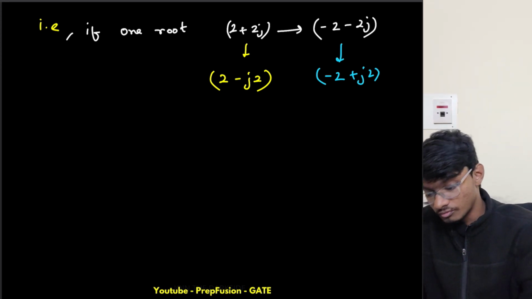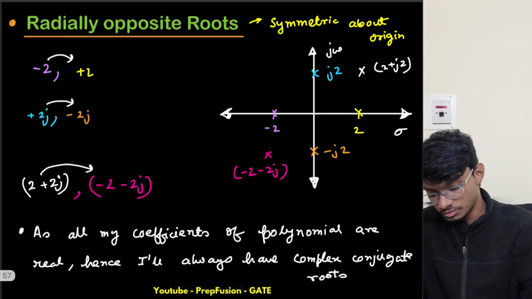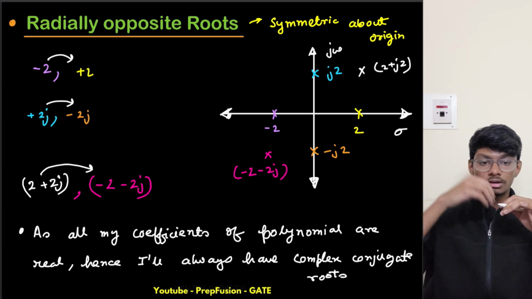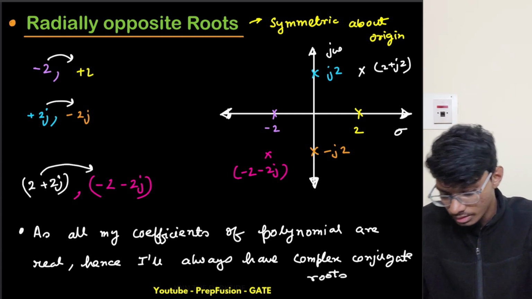So what does this mean? Radially opposite roots can come as a pair, a multiple of 2 roots, or 4 roots.